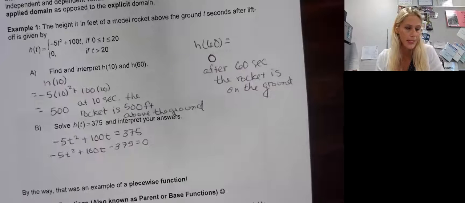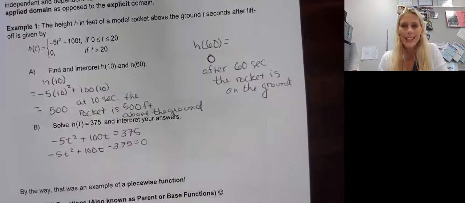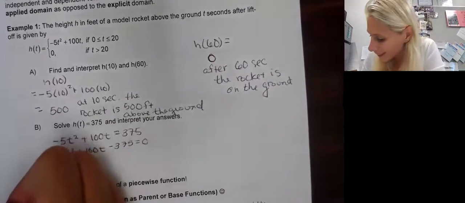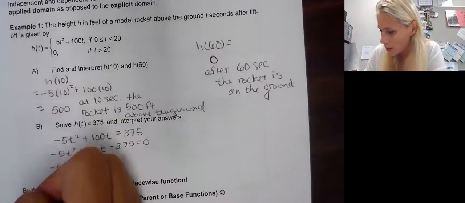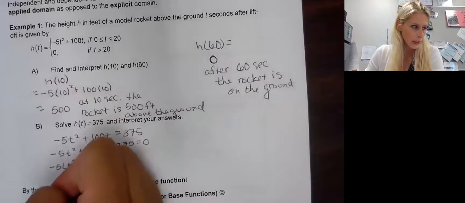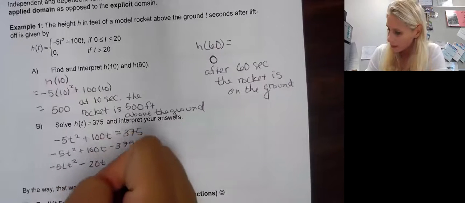You're using your basic calculator. So the more you simplify it, the easier it will be to do. So as you can see here, there is a negative 5 in all of these. So I'm going to take out a negative 5, and I get t squared minus 20t plus 75.